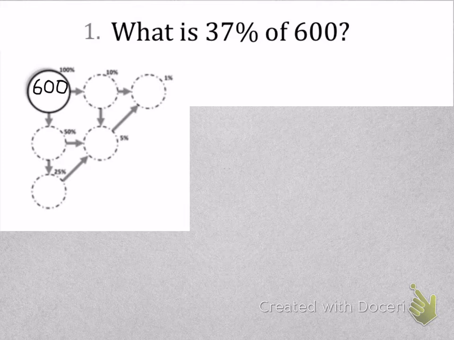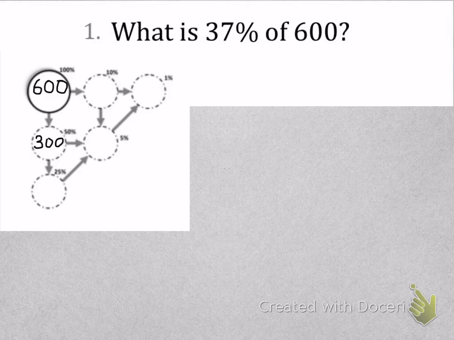600 is 100%, but I want to know what is 50%. 50% is half of 600. I can do that in my head. That's 300. Remember, if you need to write down some little calculations, do that. I'm doing it in my head, but you don't need to.